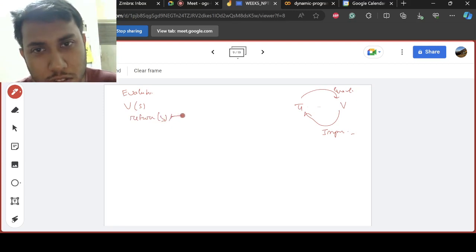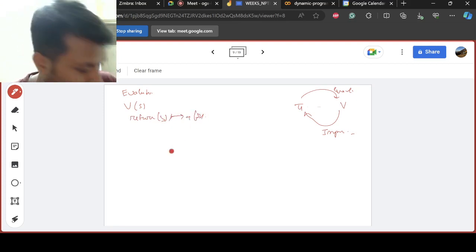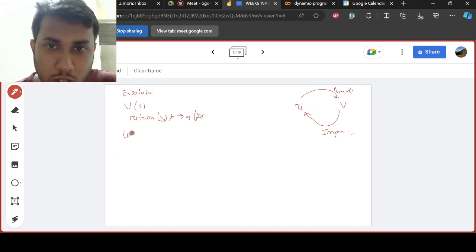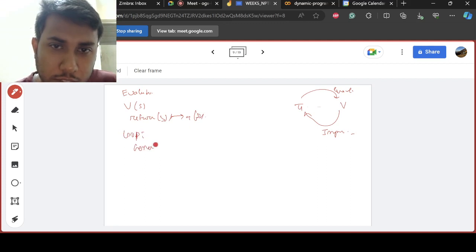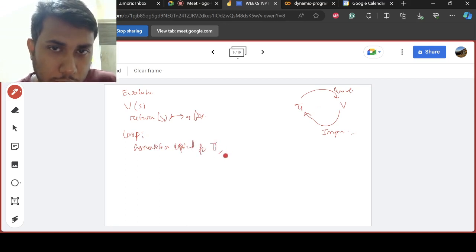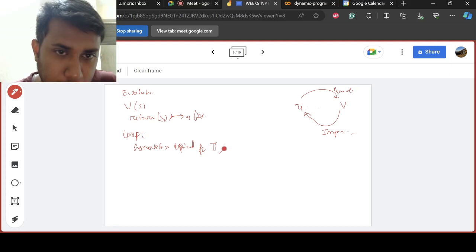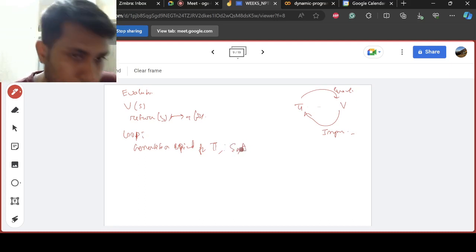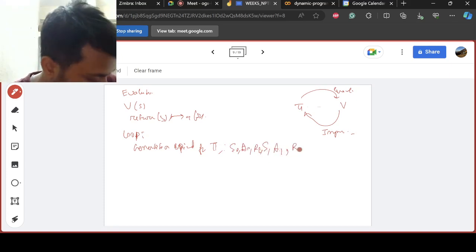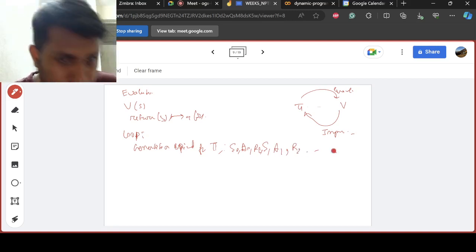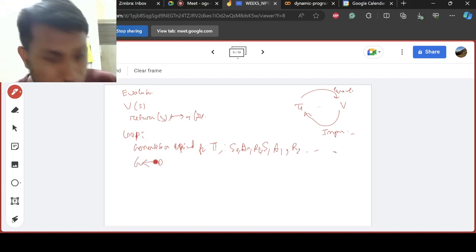Evaluation: returns is a list for each s. Loop: generate an episode for pi, s0, a0, r1, s1, a1, r2, and so on. G is 0.